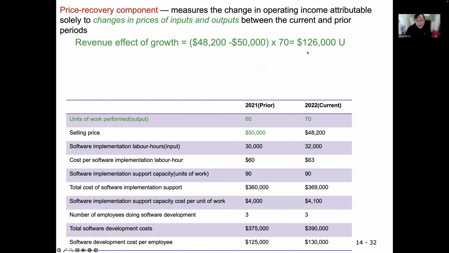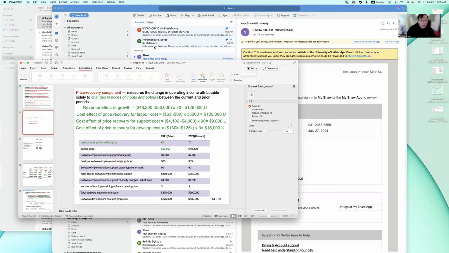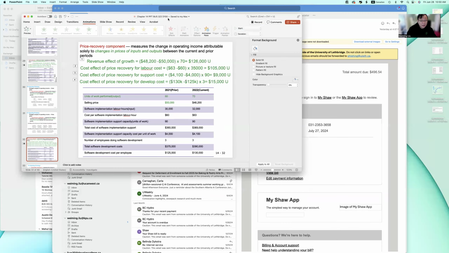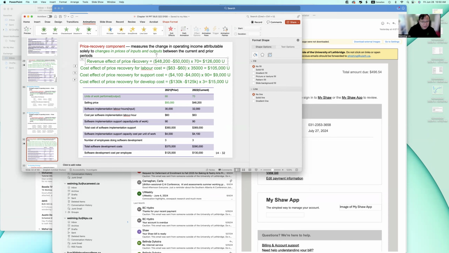The reason why it's unfavorable is because your selling price is decreased, right? So that's your revenue effect of the growth. Sorry, not the growth, revenue effect of the price recovery.